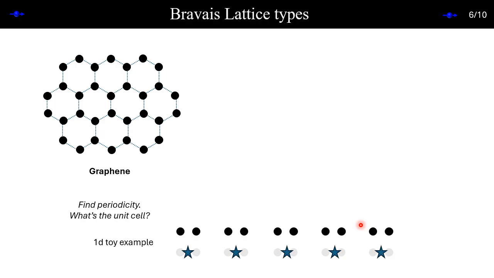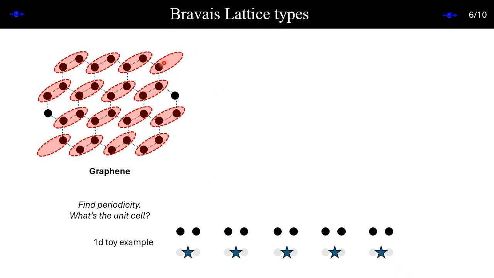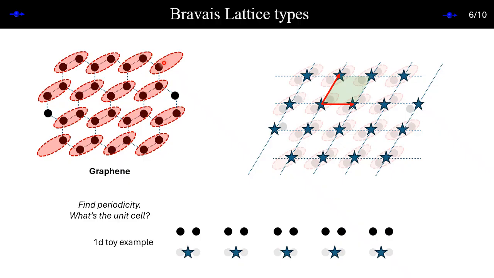Those are called the basis, or atoms per site. So we need to group them together, and then we get a Bravais lattice. This is a classical example, the 1D chain. We can do the same with 2D, and of course there are 3D examples.